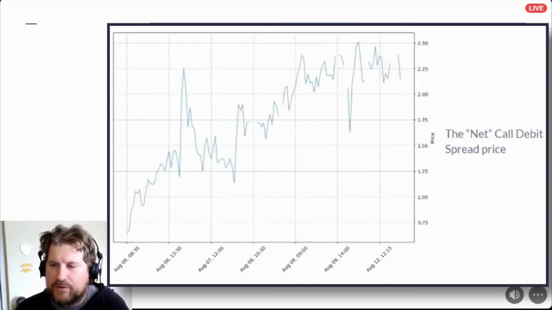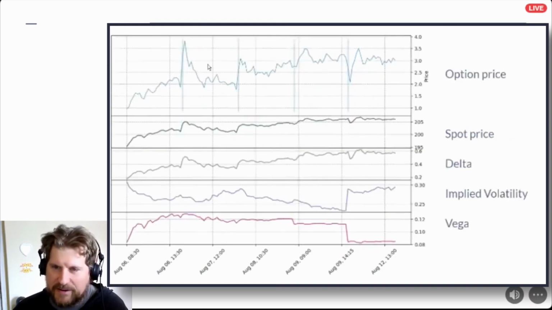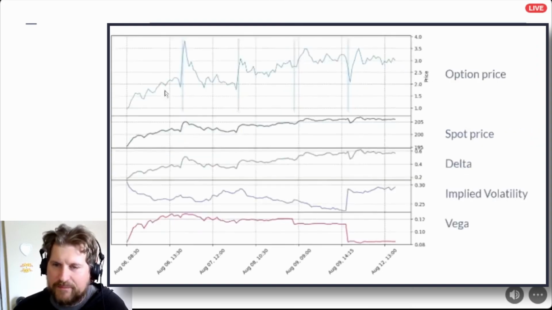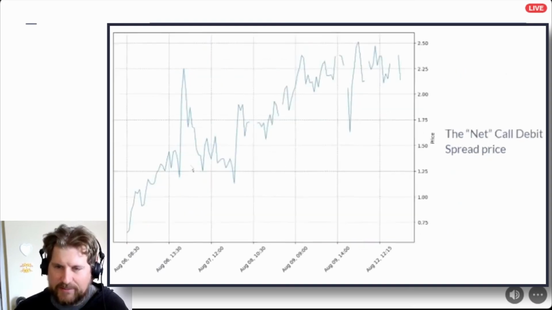Now, if you look at the shape of the call debit spread compared to the outright call, you'll notice that they're pretty similar, right? It's sloping from the bottom left to the upper right. There's some up and down during the week, especially on Wednesday, right?